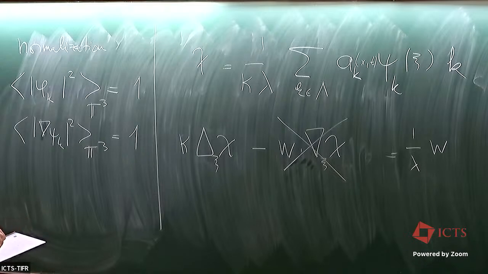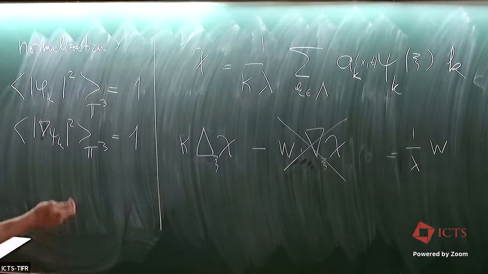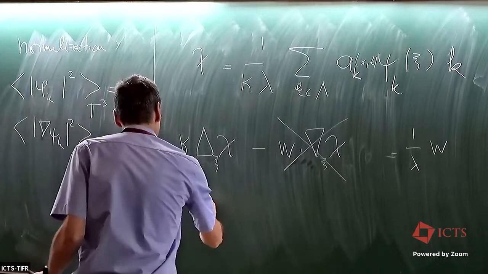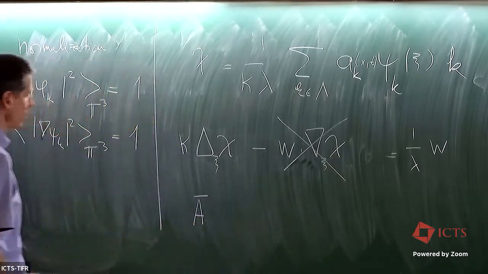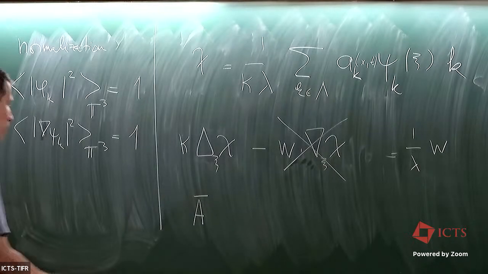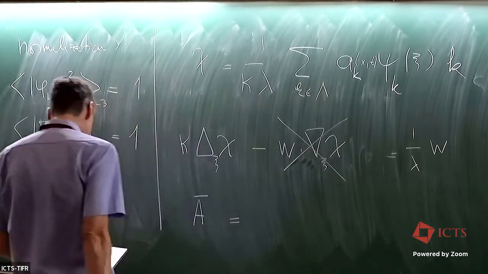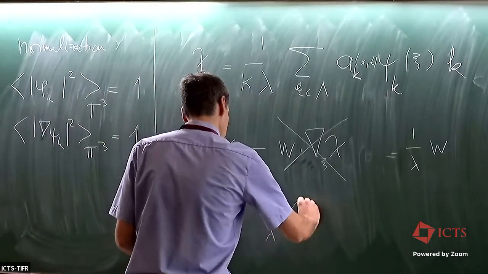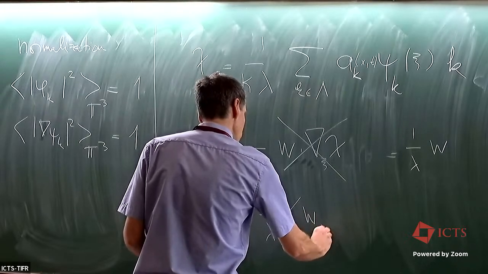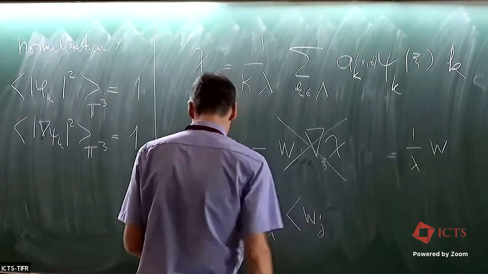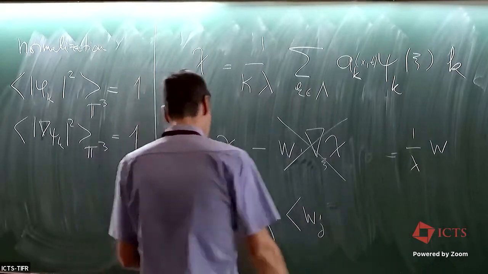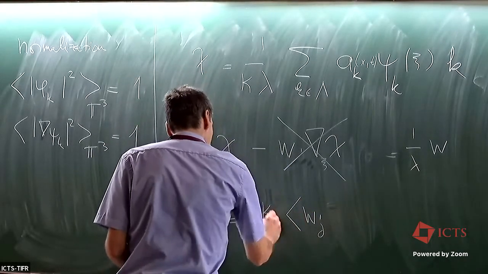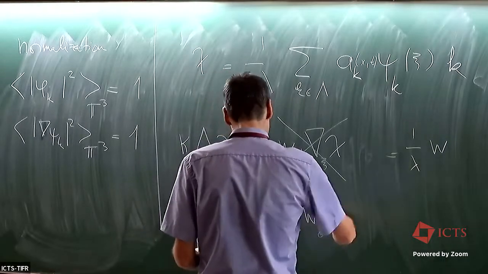Okay, and now, so then this is explicit. You can also get the homogenized coefficient explicitly, where this is just going to be 1 over lambda times the average of W_j, kappa times the average of W_j chi_i.